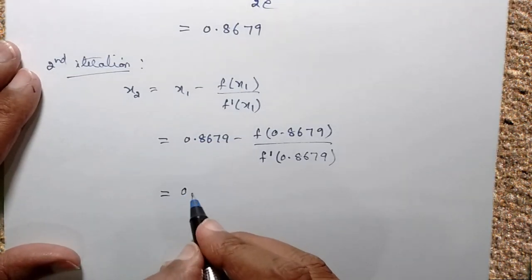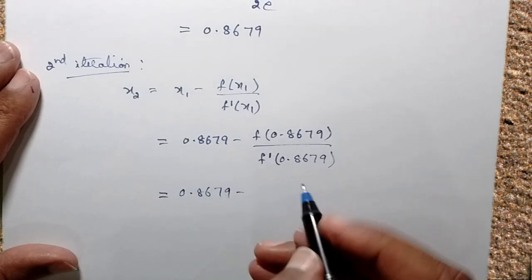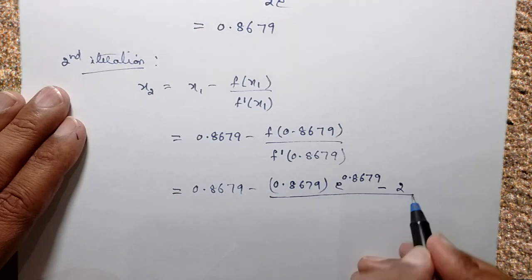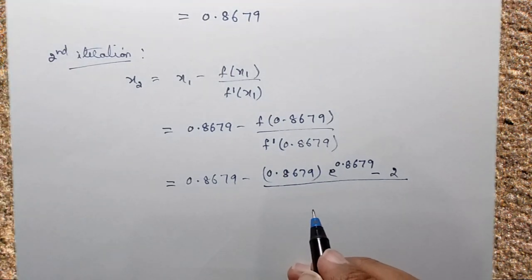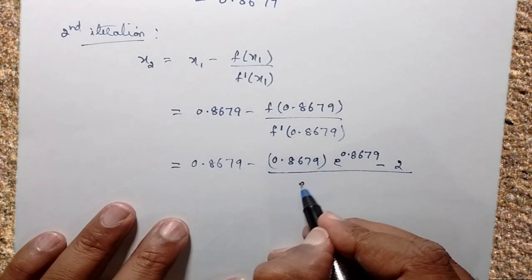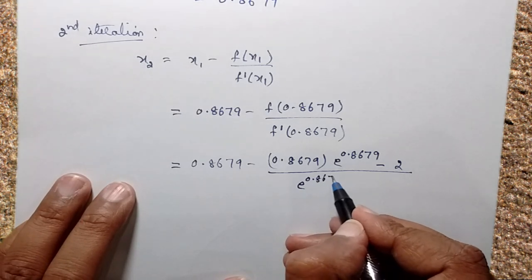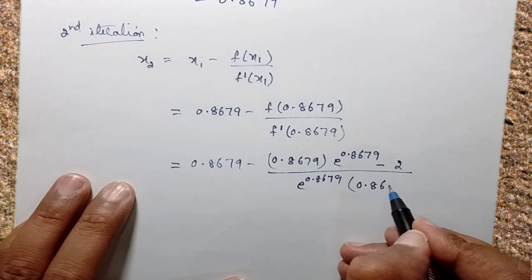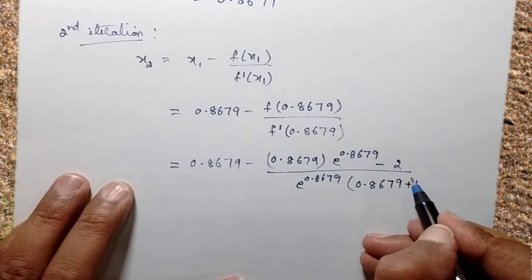What is the f of x value? x e power of x minus 2 divided by the f dash value. What is the f dash value? e power of x into x plus 1. So e power of 0.8679 into 0.8679 plus 1. So you can just check it.